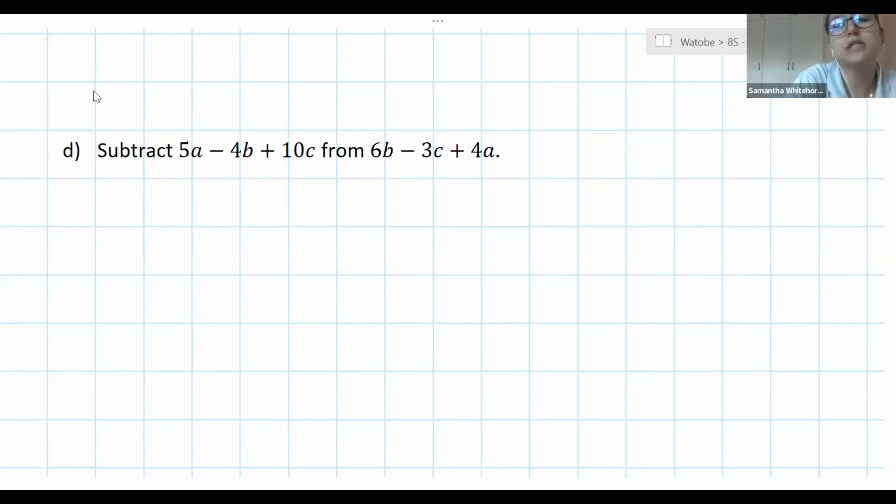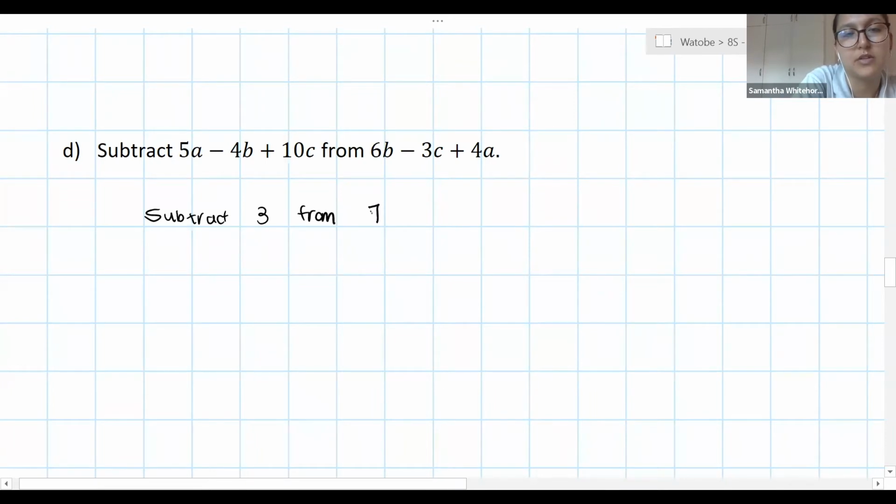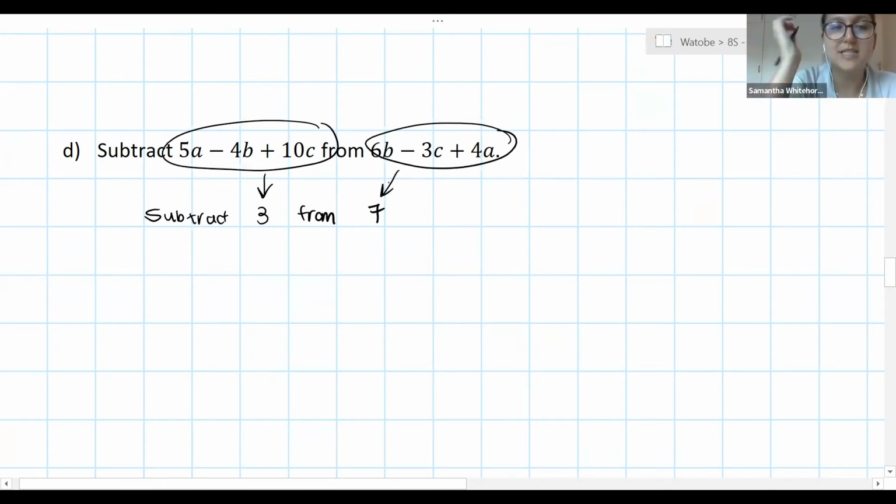We can almost think of this as saying, if we make this much simpler, subtract 3 from 7. Imagine this expression said 3, that expression said 7. What that's saying to me is take 3 away from 7. So 7 minus 3.